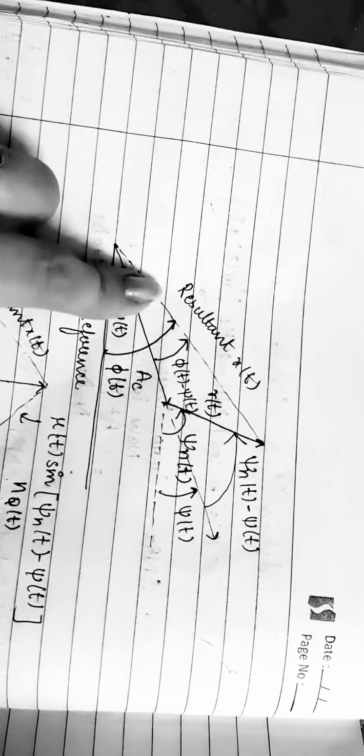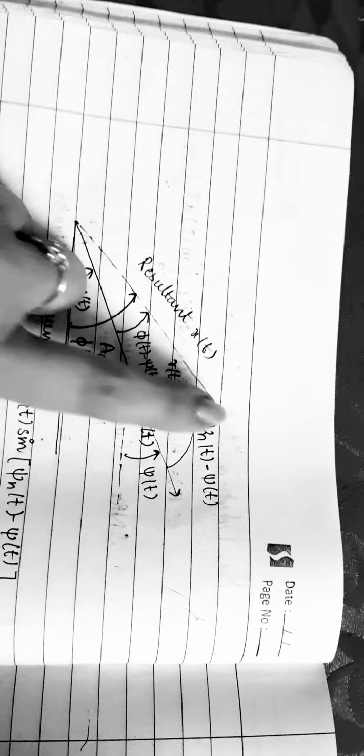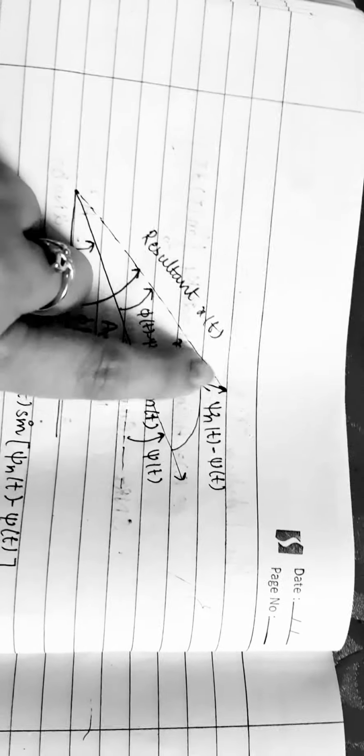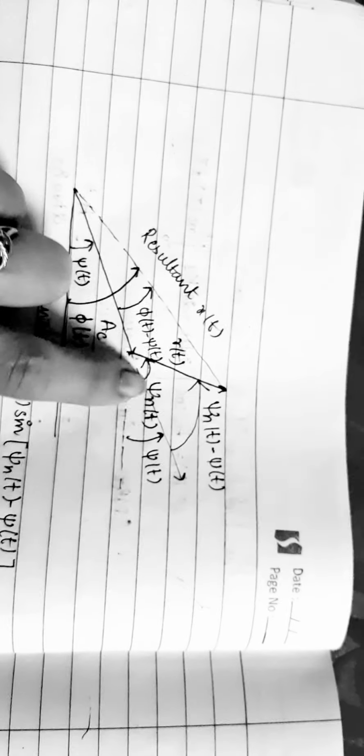Now if we extend this Ac and make an angle φ(t), we can calculate the remaining angle, which will be φn(t) minus φ(t), because this angle is φn(t). After then we can extend this Ac, and this is the resultant x(t).